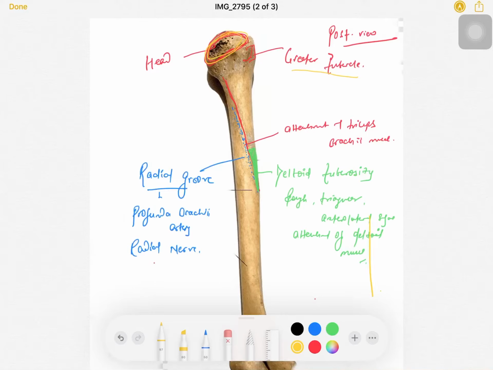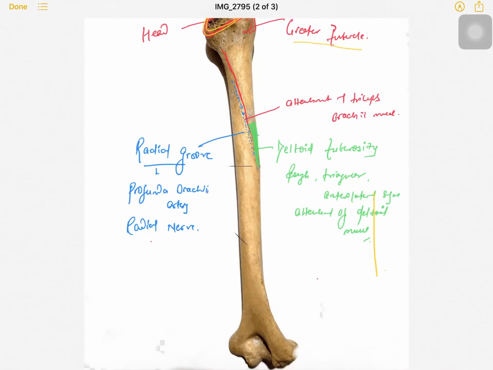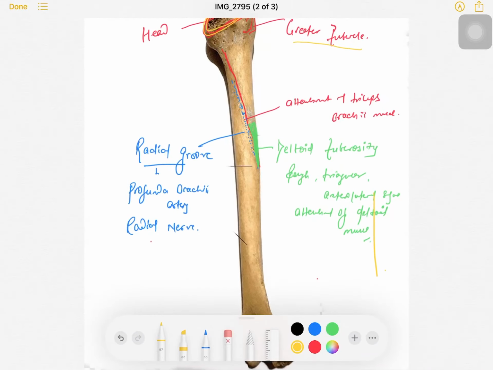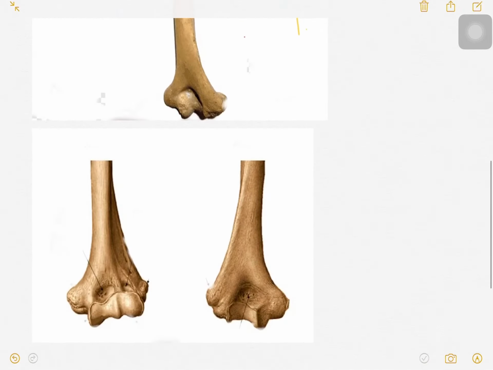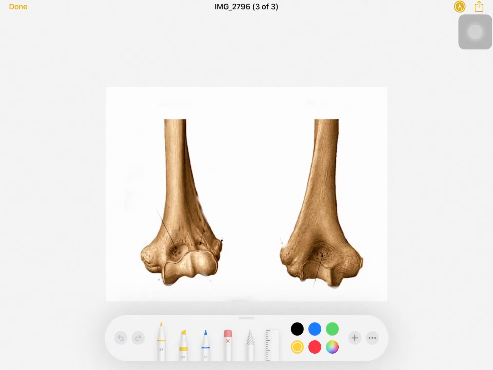Now we'll discuss another picture, about the distal end. Here we have two pictures. One is your anterior view, another one is your posterior view. I'm writing here, this one is your posterior view.